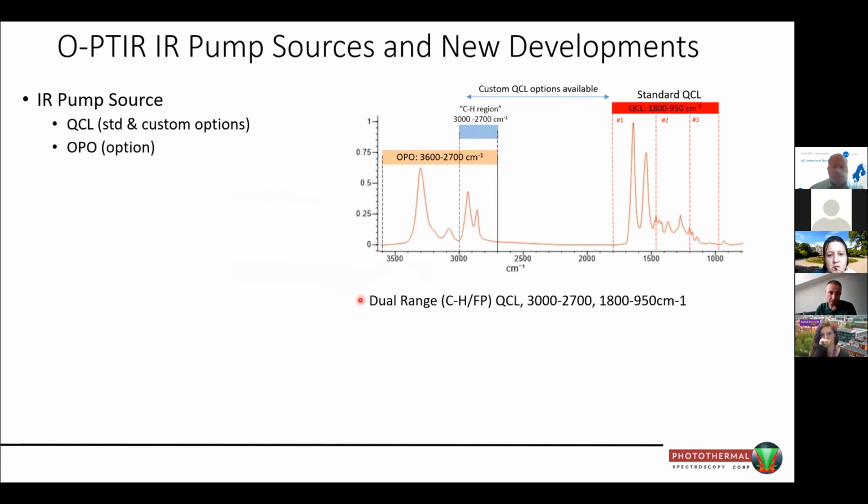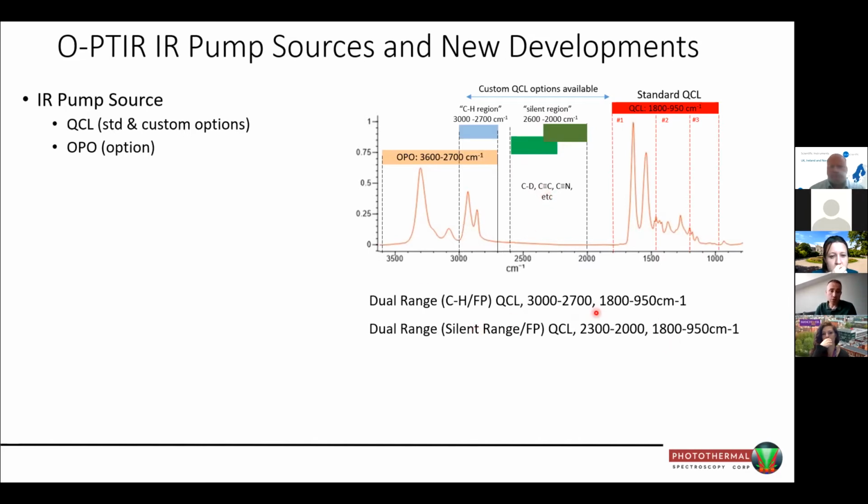So that at the moment is my favorite laser. Of course, there are some who are interested in the silent region, those doing CD stretches or interested in nitriles or infrared tagging. We can do a combined silent region fingerprint, or if you want access to the low wave number down to about 800, we can do a wide range QCL that covers that range.